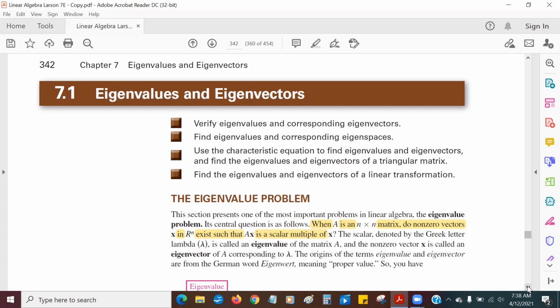We want to know, is it possible to multiply a matrix times a vector, and the result will be a vector that's pointing in the same direction? Because that's what a scalar multiple is. A scalar multiple of a vector is just another vector that's pointing in the same direction. So that's really what we want to figure out.